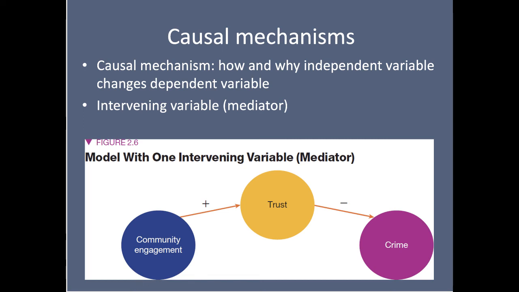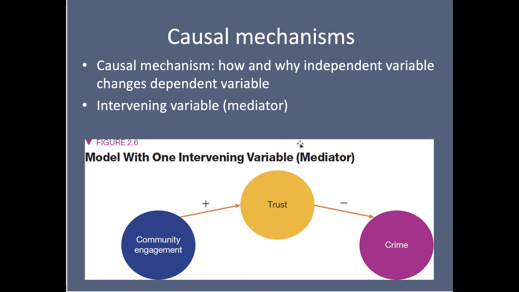So according to this, more community engagement, more trust, okay? So these variables should mostly be about the community. So the trust is the trust that a community member has with police. So the idea is the police engage with them, the community members trust them more.